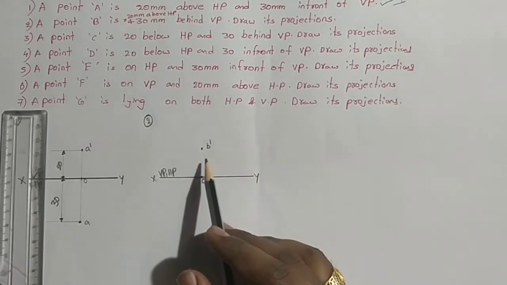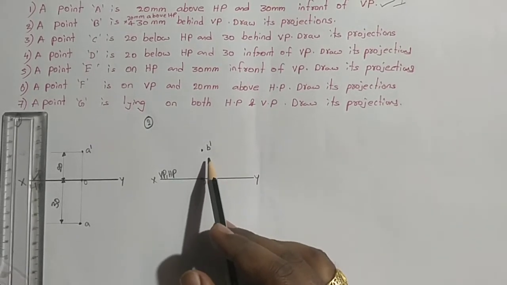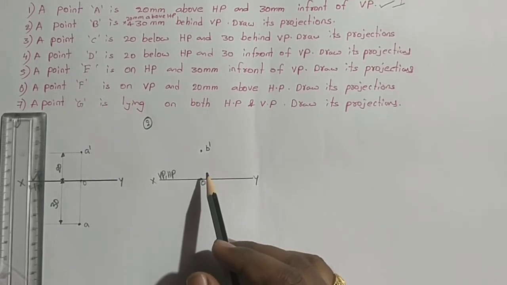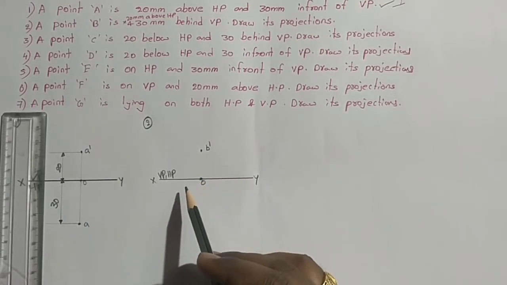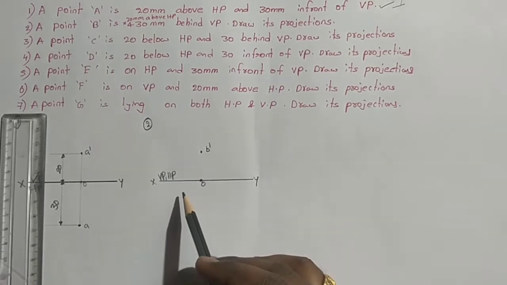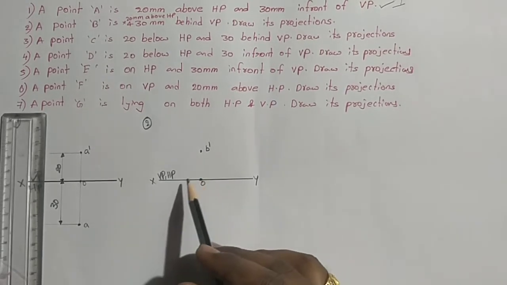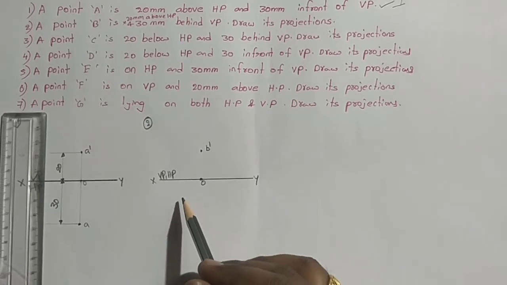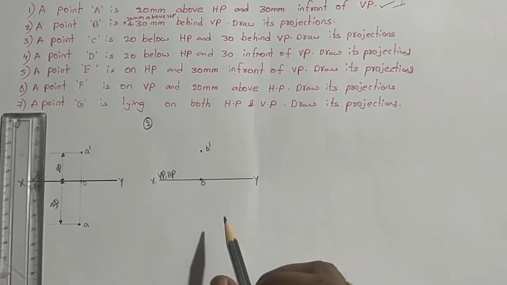Why? The front view is always located in the vertical plane. For the front view, the data gives above or below. Above or below is regarding the front view, behind or in front is regarding the top view. Now we completed the front view.